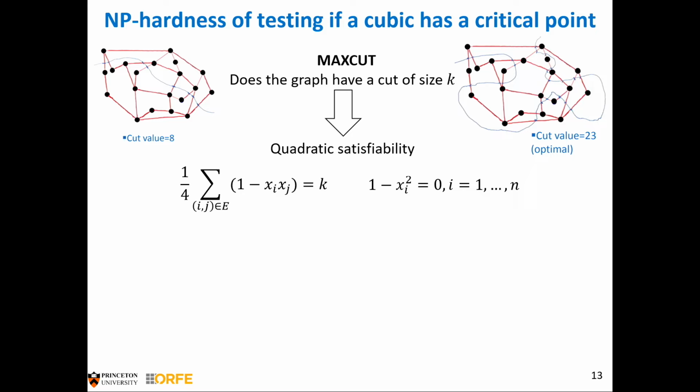Because if xi and xj have the same label, then this vanishes. But if one is 1 and the other is -1, then this term contributes a 1 minus -1. That contributes a 2. But I'm canceling that with a 1/2. I have another 1/2 because I'm double counting all the edges. So you can trust me that this system is feasible if and only if the graph has a cut of size k.